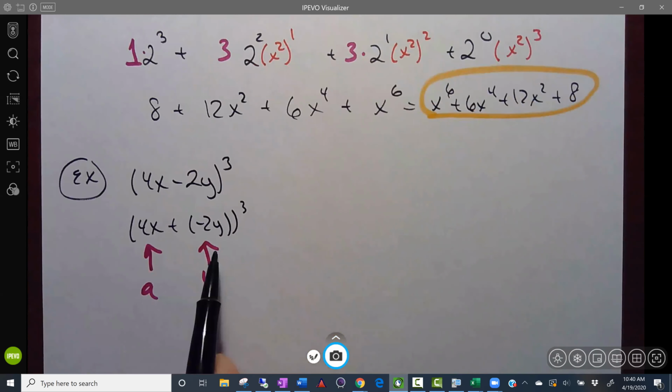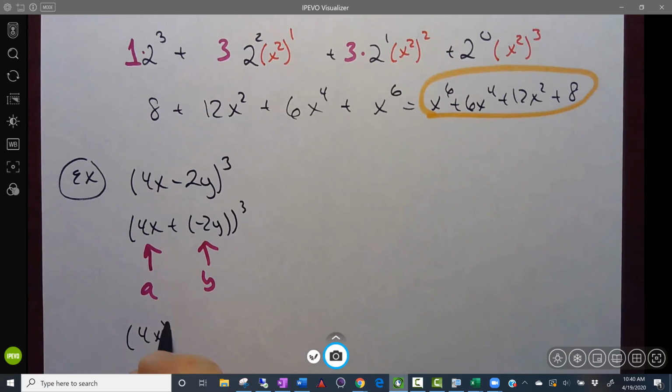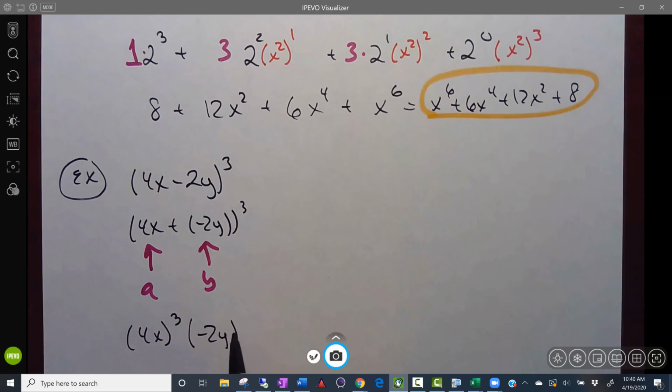Now this is going to require some more simplification at the end. That's okay. We'll start out with 4x cubed, and then we'll do the b as well. That'd be negative 2y to the 0 power plus. Now we're going to decrease the powers on the first term.